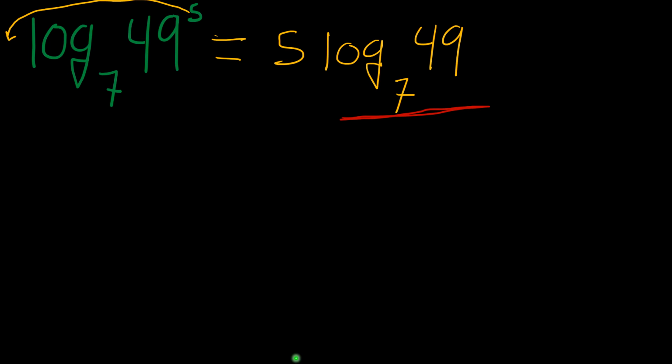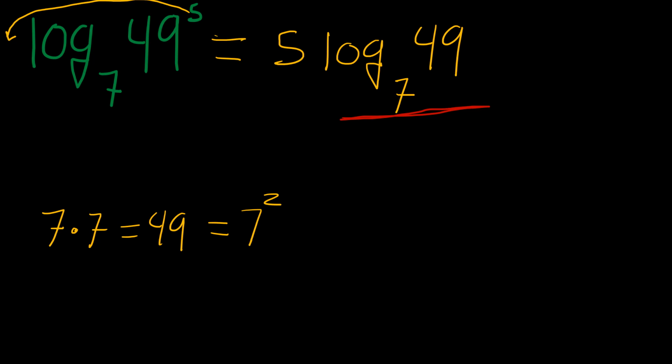And now we have to evaluate log base 7 of 49. So intuitively, this is saying 7 to what power is 49? And if you didn't know it, you can start off by multiplying your sevens. So you can go 7 times 7. Well, that's 49, but it's also equal to 7 squared. And therefore, 7 to the second power gives you 49.